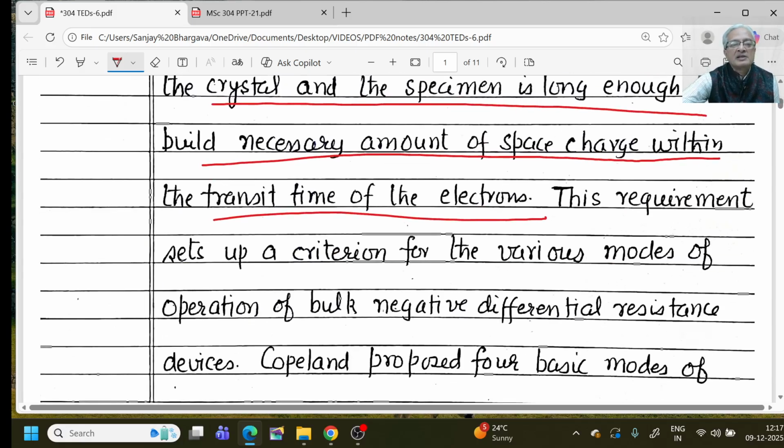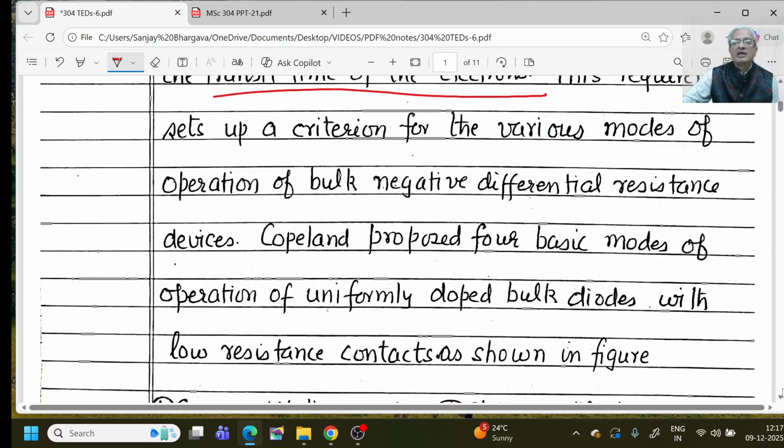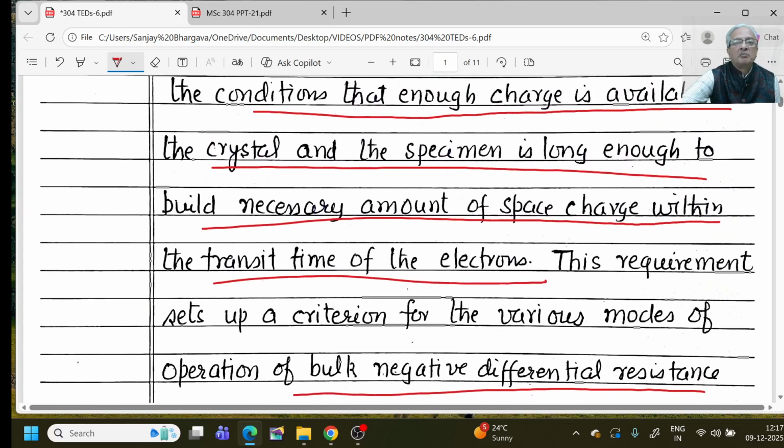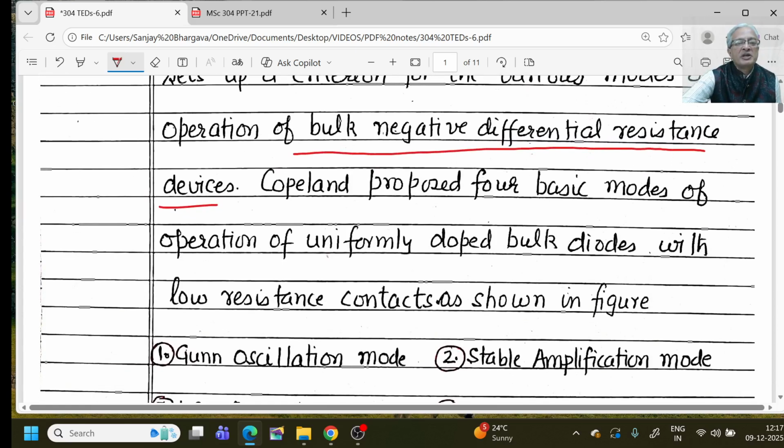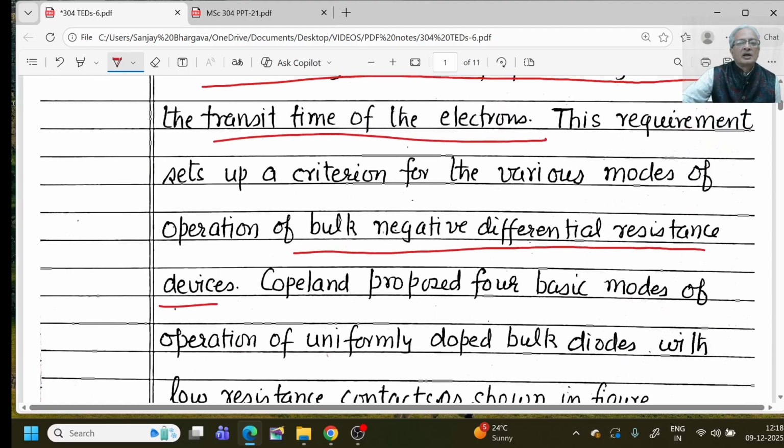This requirement sets up a criterion for various modes of operation of bulk negative differential resistance devices. So the length of the specimen, the transit time, and the availability of space charge are the three things which decide the criteria for various modes of operation.